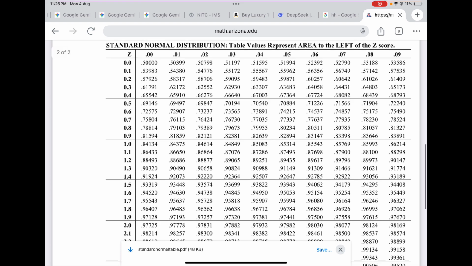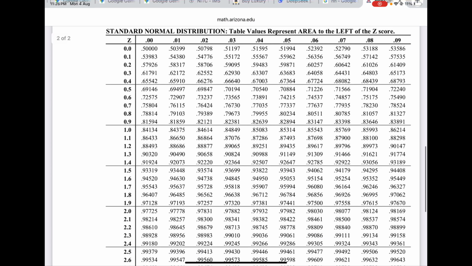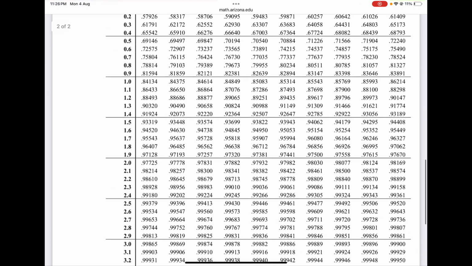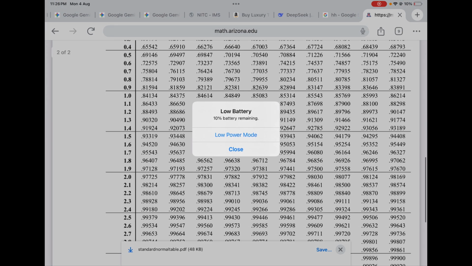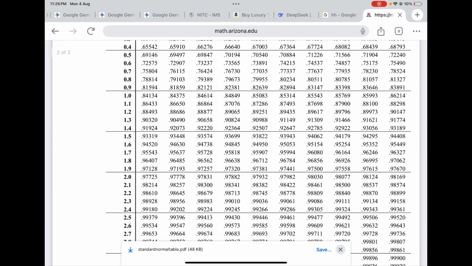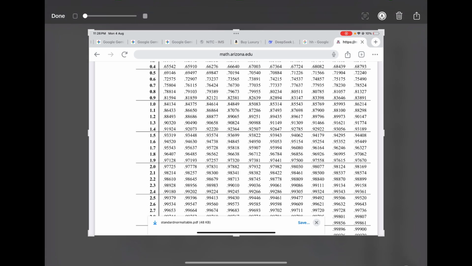Let us look at the probabilities here. You can see it is 0.95. It is close: 0.9495 and 0.95.